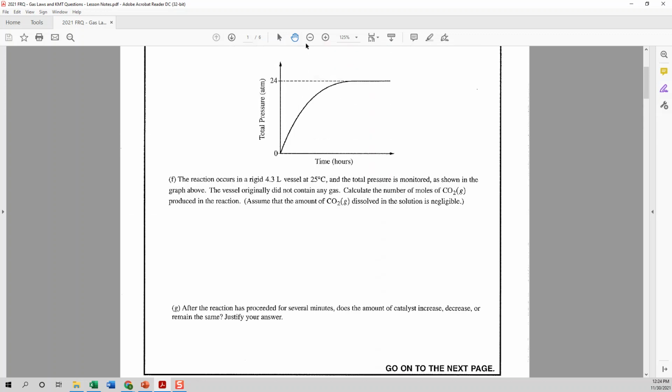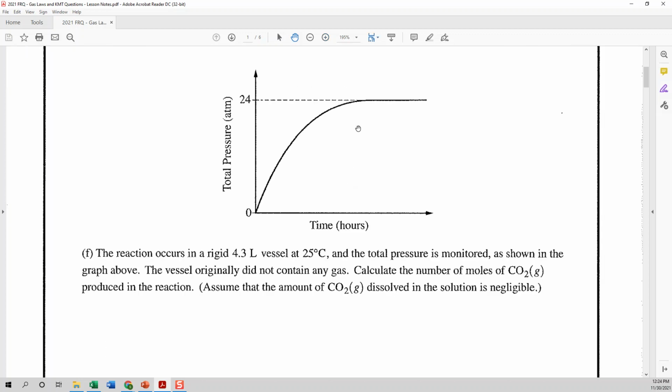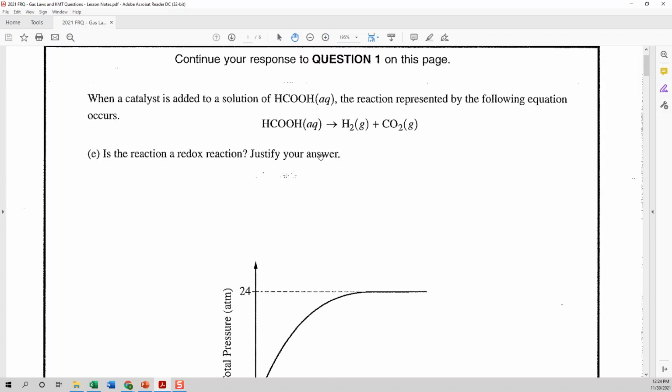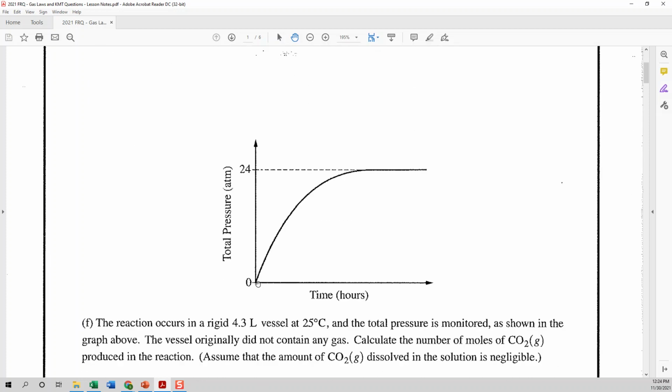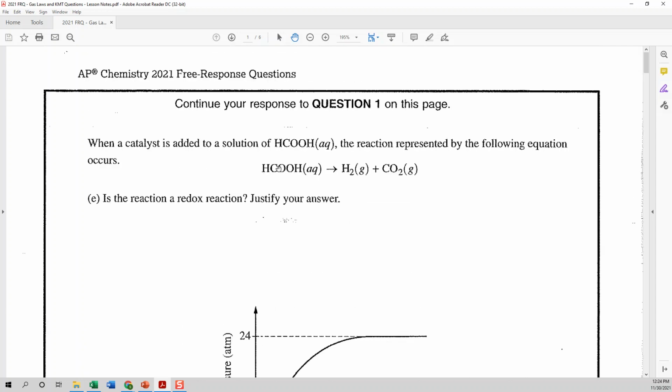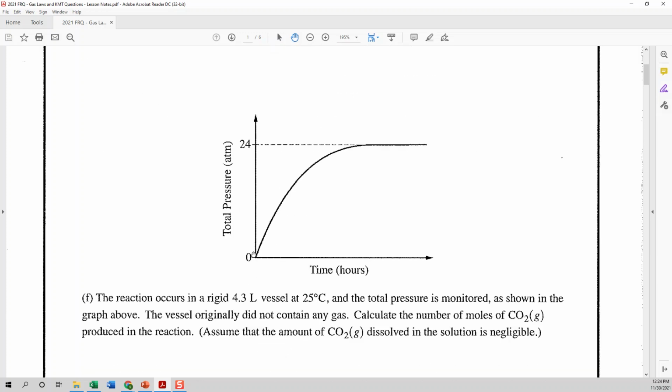All right, so if we look at part F, let me zoom in here. Okay, so this reaction's happening, and what we need to notice in this reaction is that it's aqueous going to two gases. All right, so at the start of the reaction, notice the pressure's 0, and that's because at the start of the reaction, all we have is this. It's not a gas. So no gases, so no gas pressure.